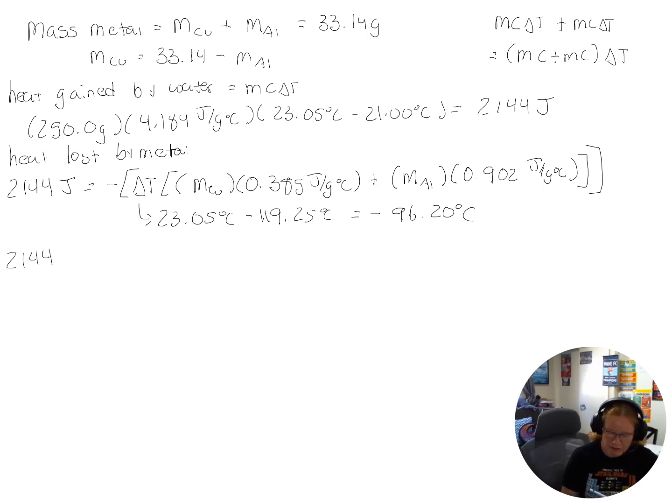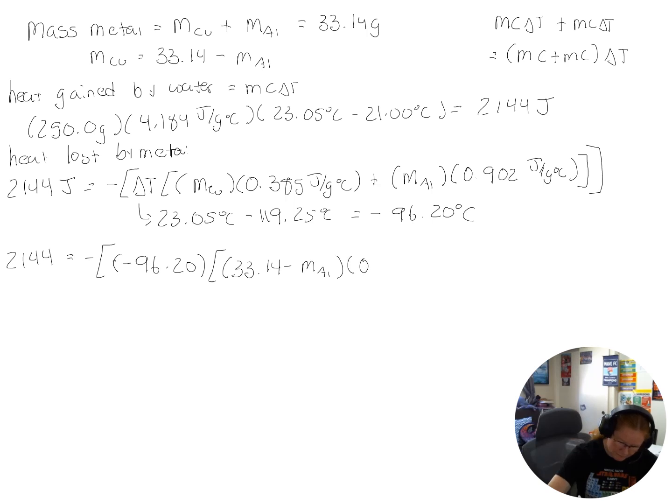2144. I'm going to strip all of the units out of this just because otherwise I don't have enough space to write it all. So I'm going to strip the units out as I write this out. So there's that delta T. There's the mass of my copper. There's the specific heat of my copper. There's the mass of my aluminum and the specific heat of my aluminum.